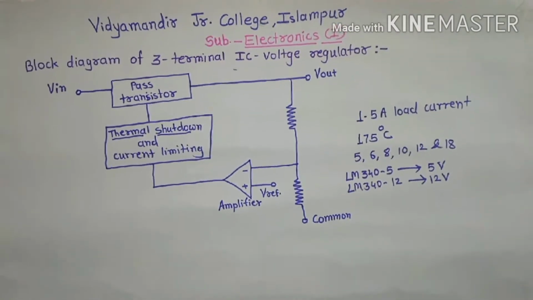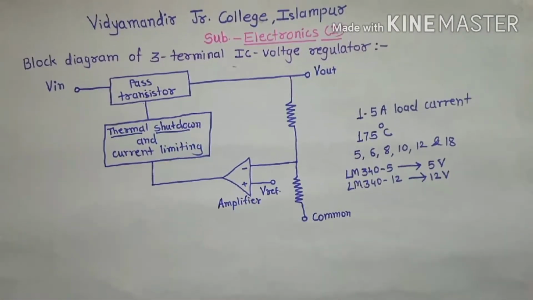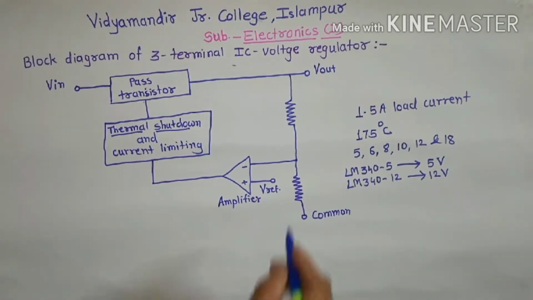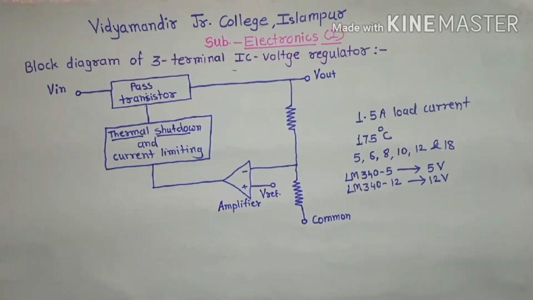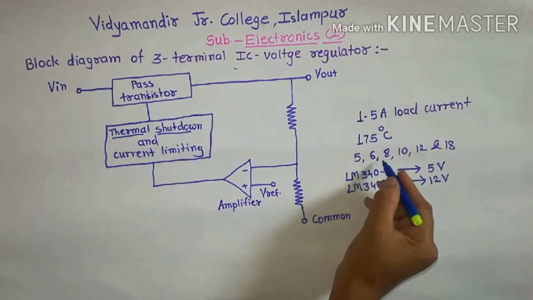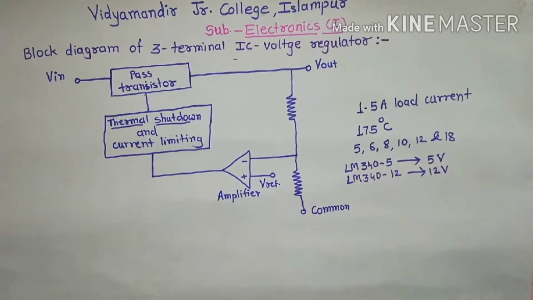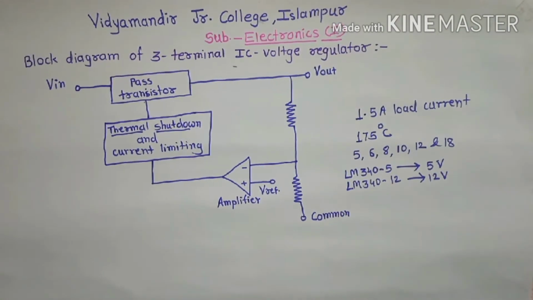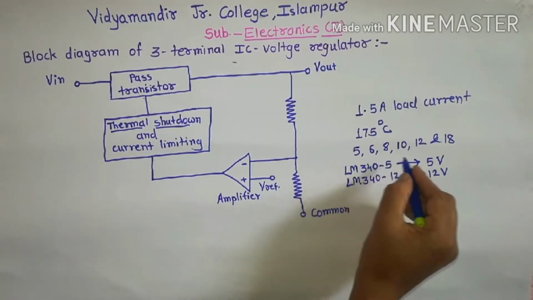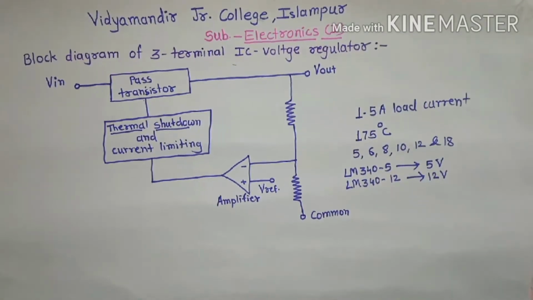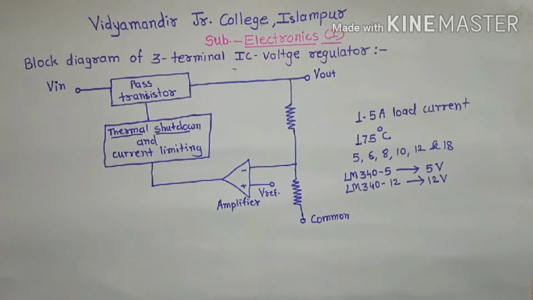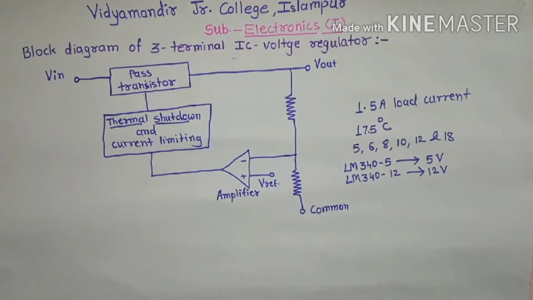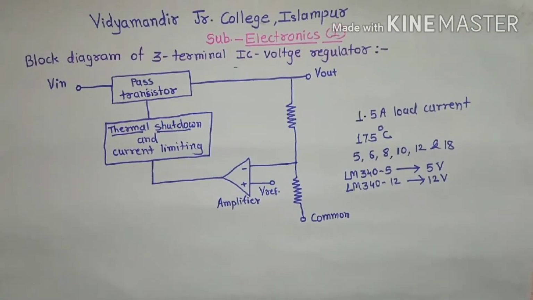For this purpose, the current limiting technique is used, that is, heat sinks or fans may be used. The internal voltage divider gives voltages like 5, 6, 8, 10, 12 and 18, which give the regulated output voltage range. For example, LM340-6 gives a regulated 6 volt DC voltage. Because of this, the IC regulator is used more than the shunt regulator and series regulator.